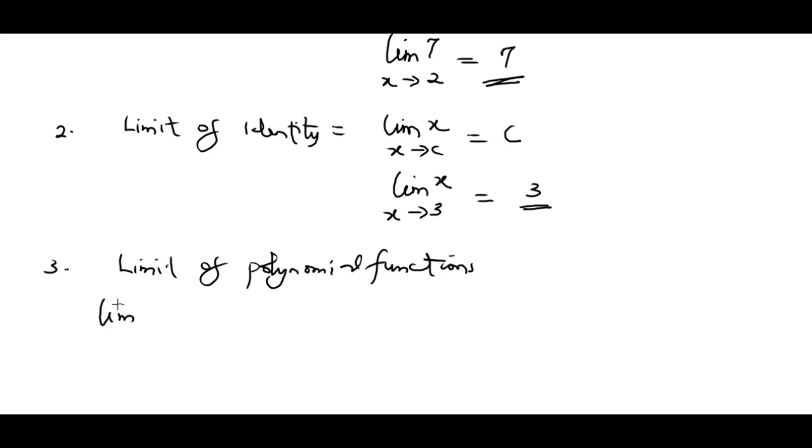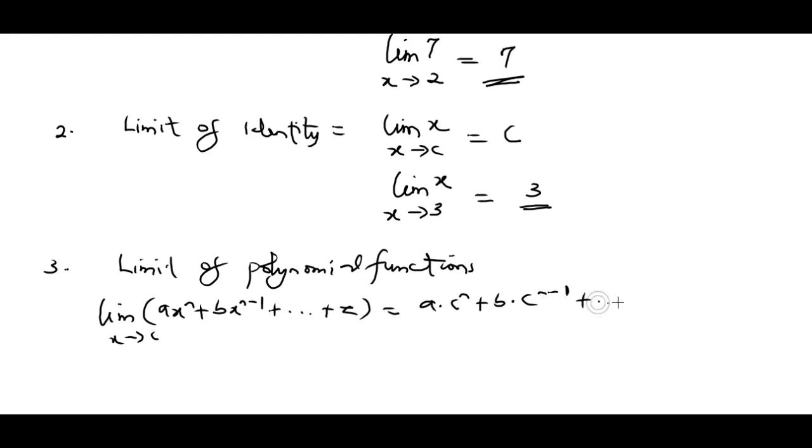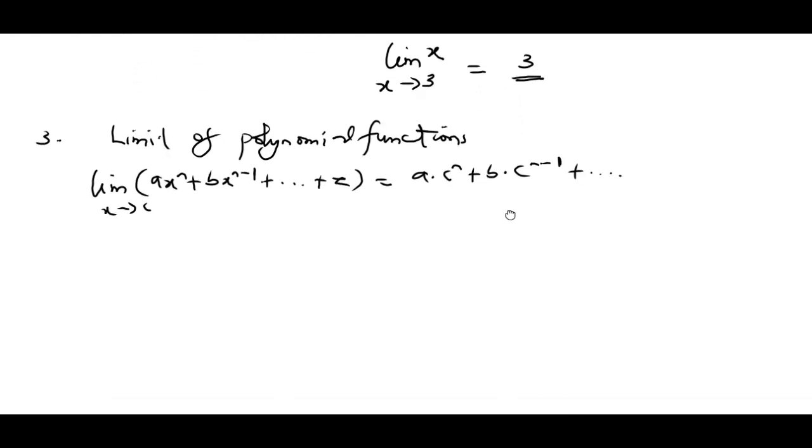If you have the limit of ax to the power of n plus bx to the power of n minus 1, and so on and so forth to z, as x tends to c, we are going to have a multiplied by c to the power of n plus b multiplied by c to the power of n minus 1, and so on.